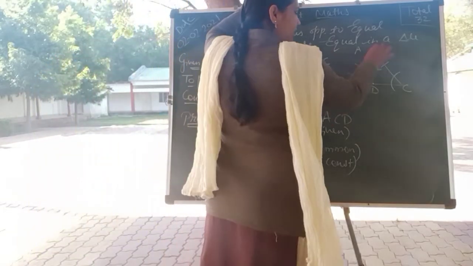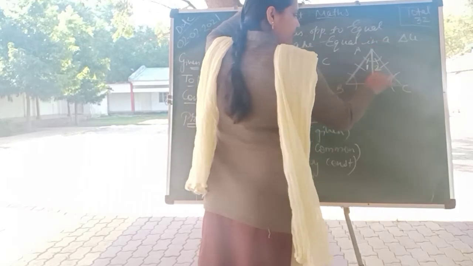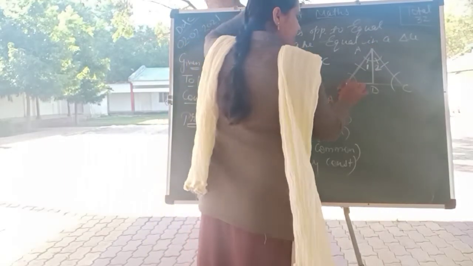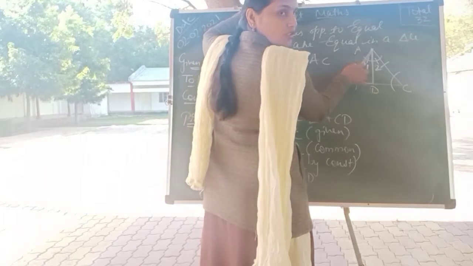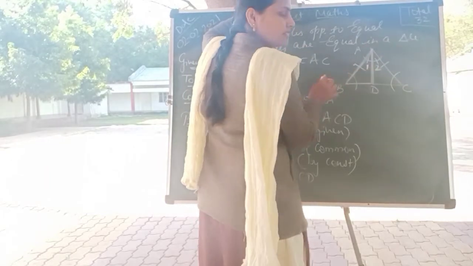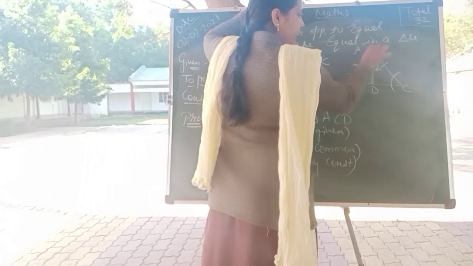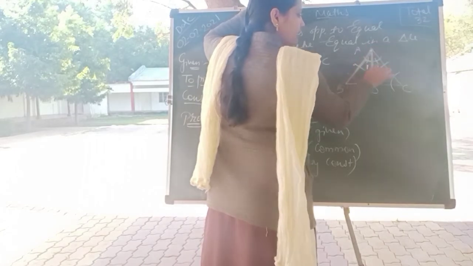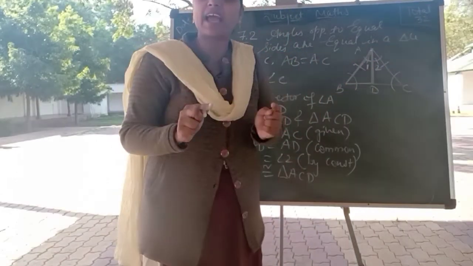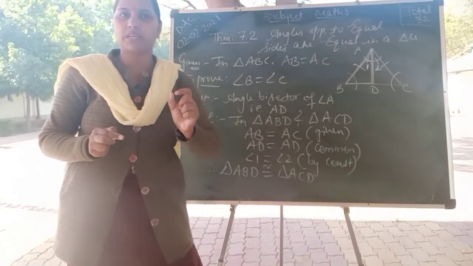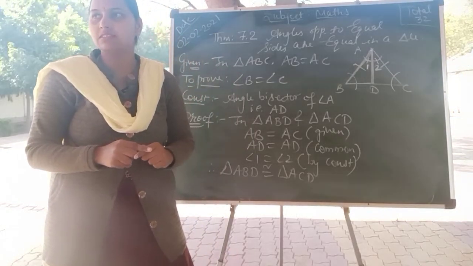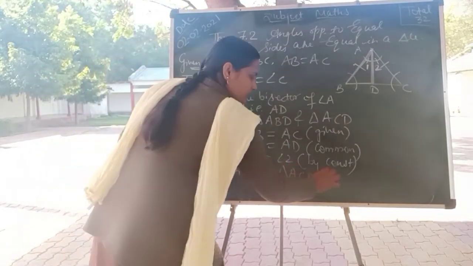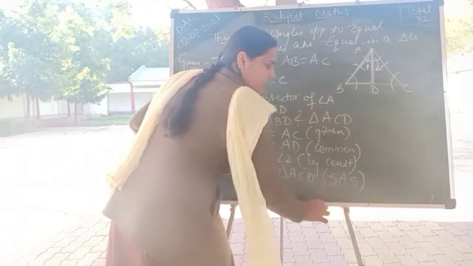Select one triangle, I select triangle ABD. This is S because I am talking about this side, this angle, and this side. Side, angle, side means the angle should be included between two sides. So this is the side, angle, side congruence rule.